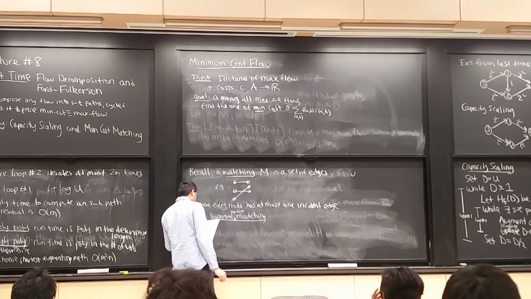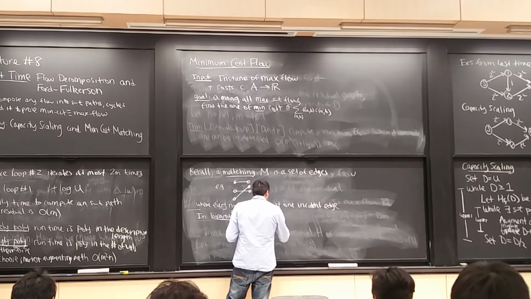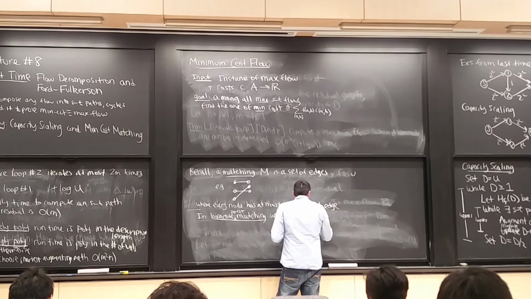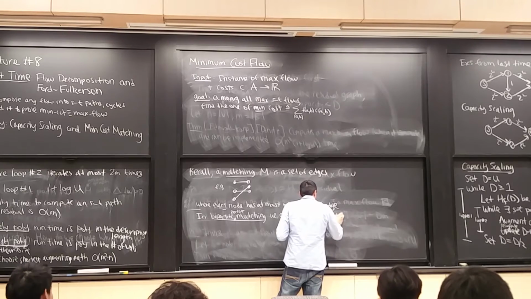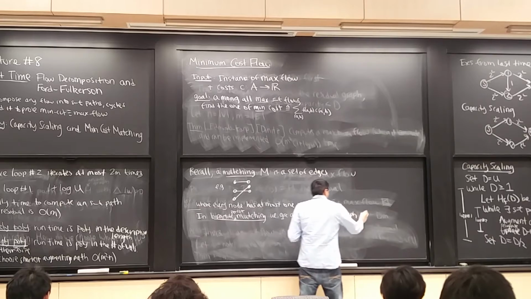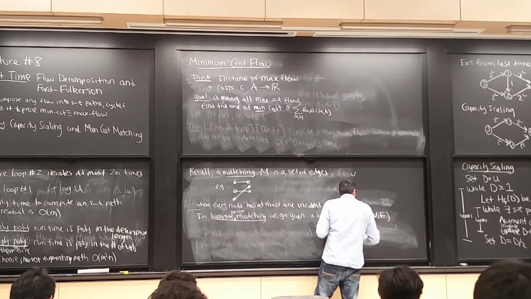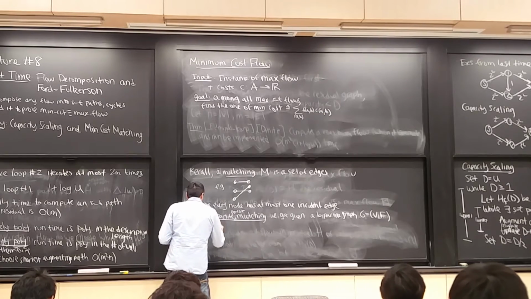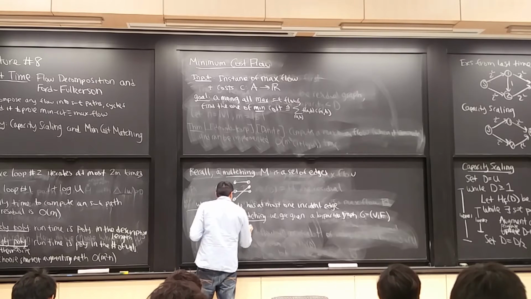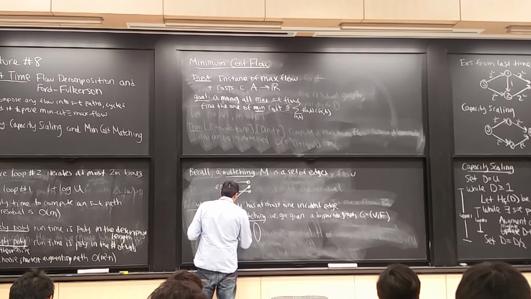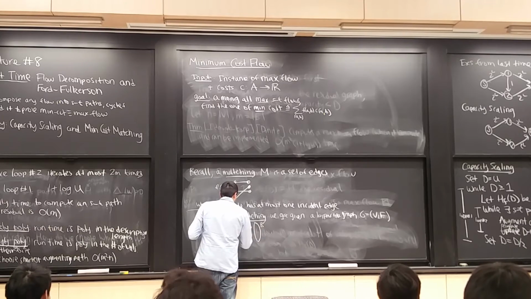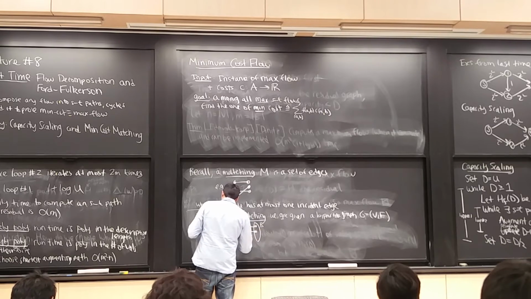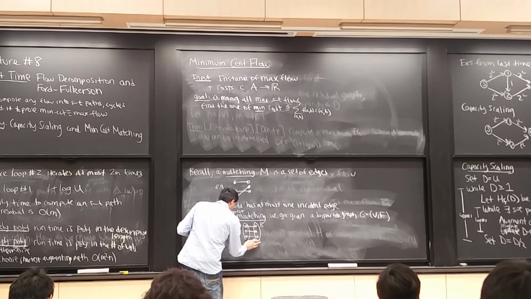But in the bipartite perfect matching problem, we're given a bipartite graph with some set of edges, specifying which edges we're allowed to put into our matching. And V here, because it's bipartite, is the set of two parts of vertices, A and B. The constraint is that the edges only go between them. I'll use this as a running example.